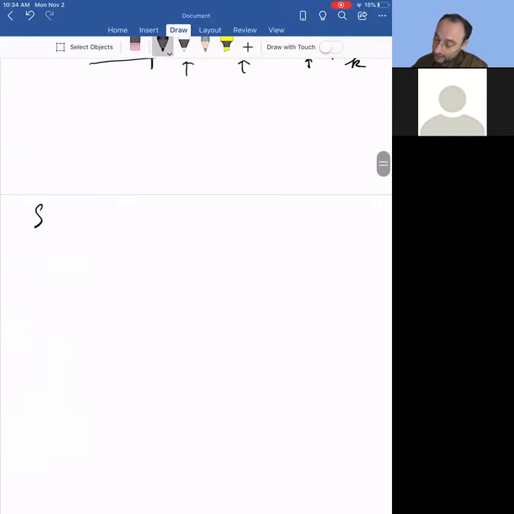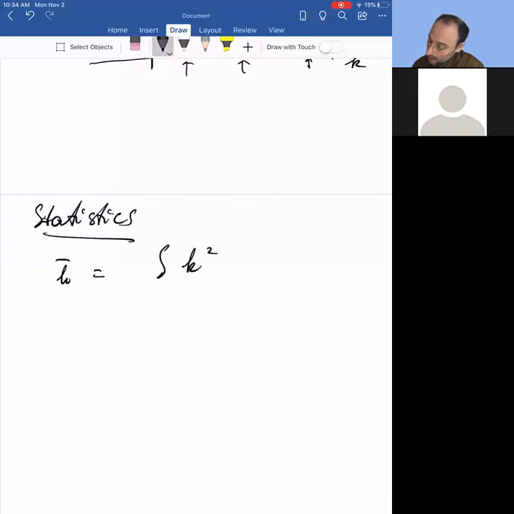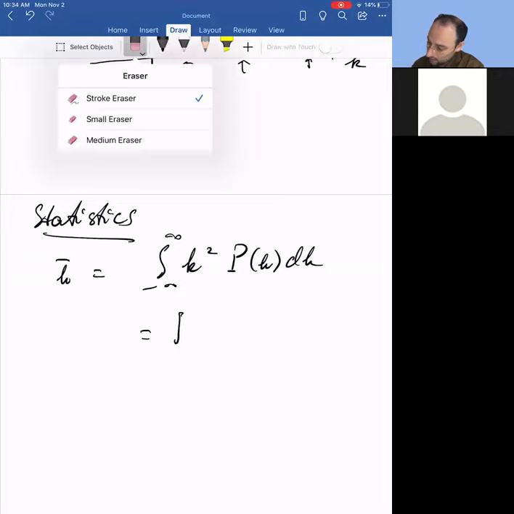So now statistics. A mean momentum. You repeat many measurements, then you can collect mean, standard deviation. The mean of k is the integral of k times probability of k, dk, as always, which is, sorry, this is not k squared, this is k. I don't know why this doesn't work.